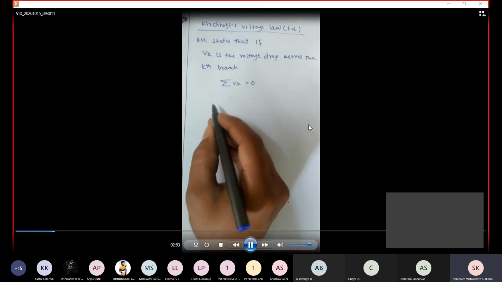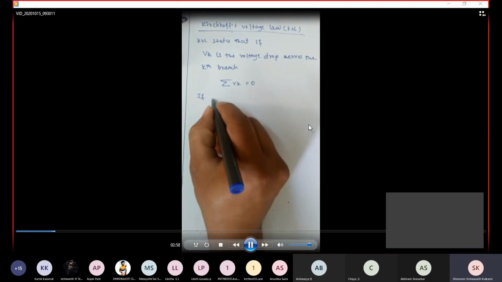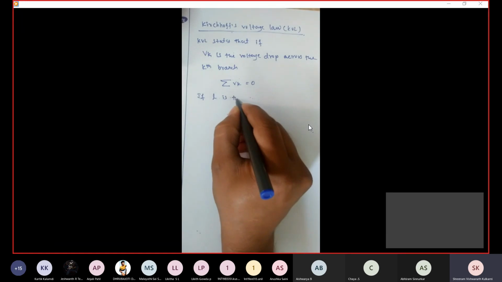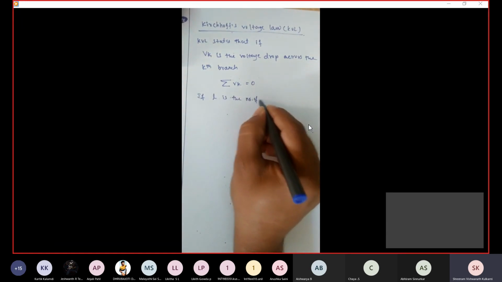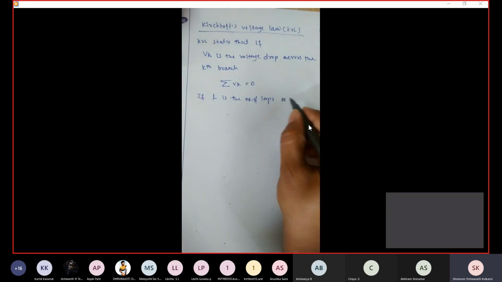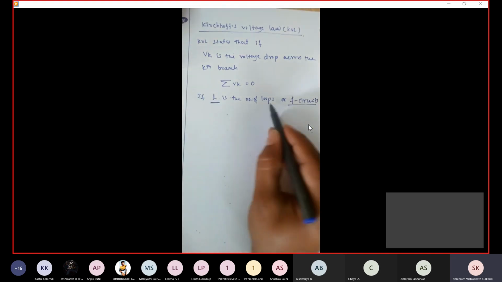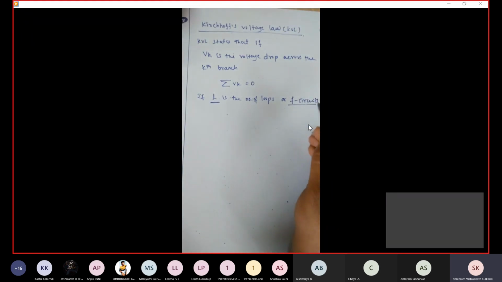Here, if L is the number of loops, or we can say loop circuits, or F circuits, then there will be L number of KVL equations.